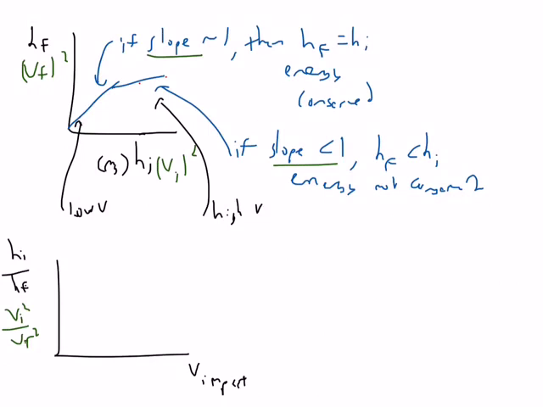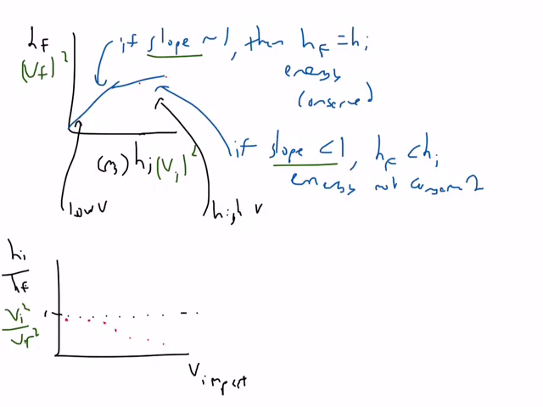When that ratio is about 1, so this is like 1 here, what we'd expect to see is that if the collision is elastic, the value is somewhere around 1, maybe a little bit less. So maybe we get a data point like there, and there, and there. And then if it gets more inelastic, the denominator gets bigger and the numerator gets larger. So it would be something like this.